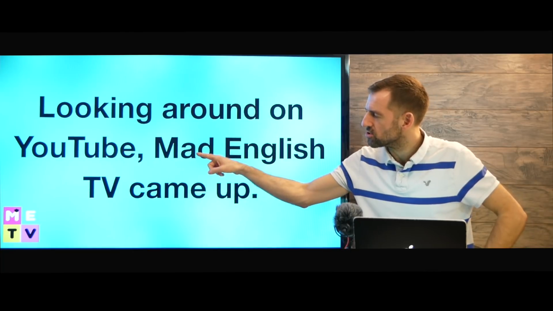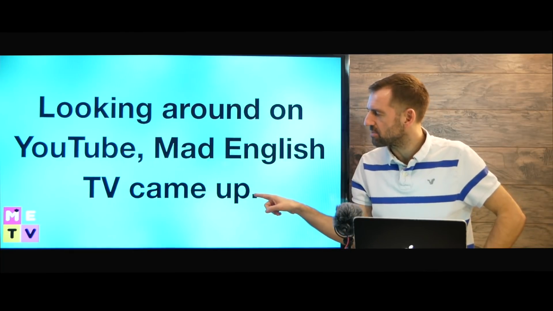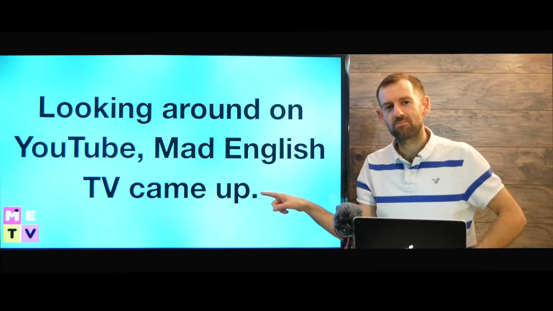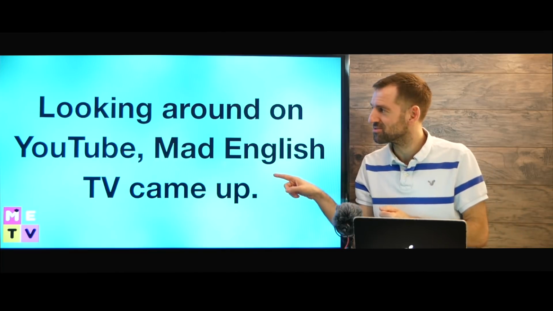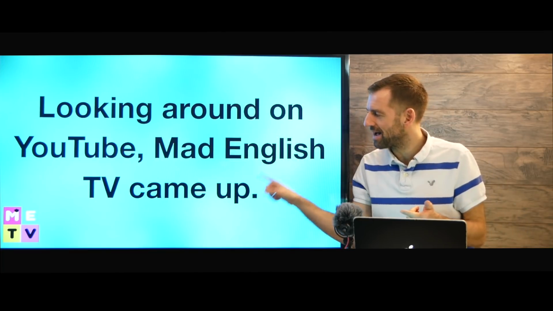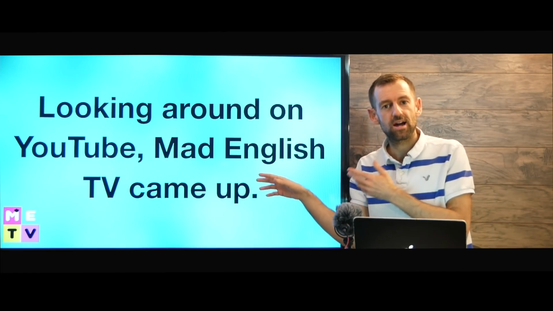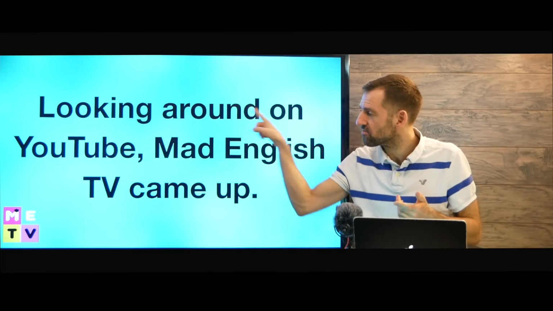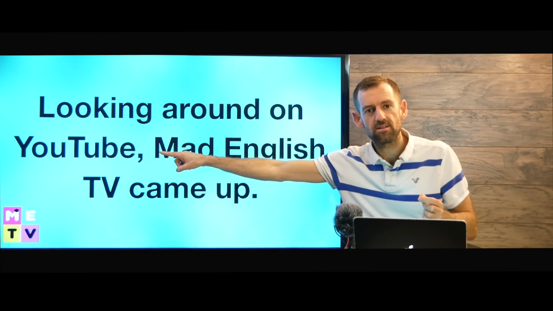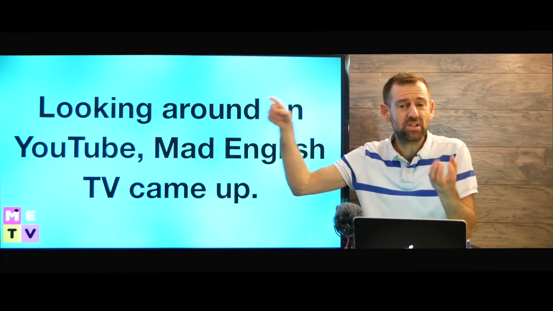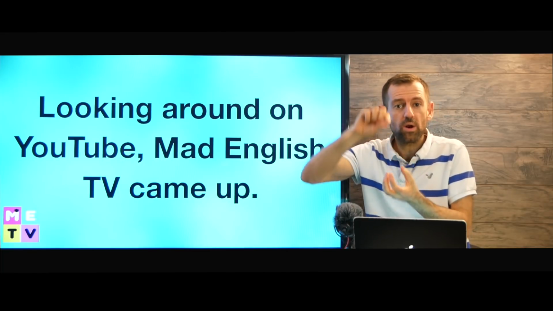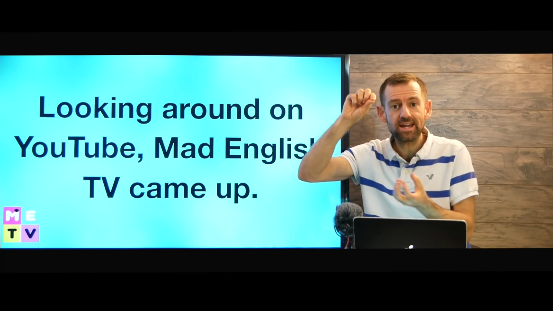Looking around on YouTube, Mad English TV came up. Maybe you found Mad English TV this way. Looking around on YouTube, Mad English TV came up. This is the mistake. This is a dangling modifier. This first piece is the modifier, and it's dangling. We don't know what it's connected to.